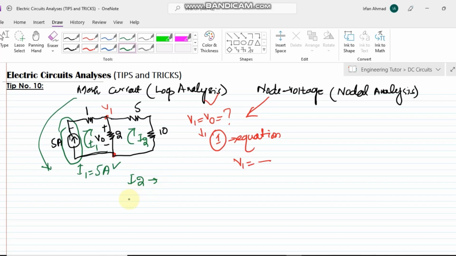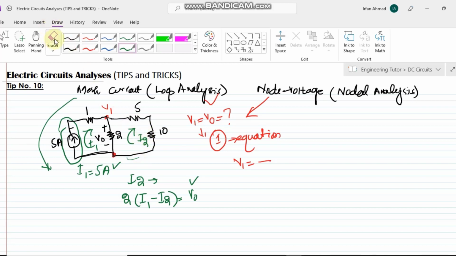Then, as the direction of the current is here, the voltage V0 will be (I1 minus I2) times 2. So we can see very easily that the node voltage method seems very feasible to apply in this circuit, but it is not always the case.